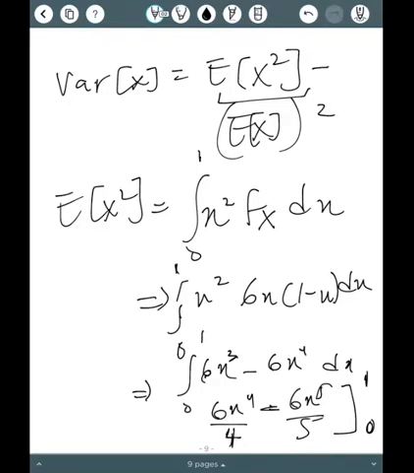So अगर आप 1/4 minus 1/5 करेंगे तो आपका आ जाएगा आंसर, it would be 1/20, right? So it's gonna be 1/20.